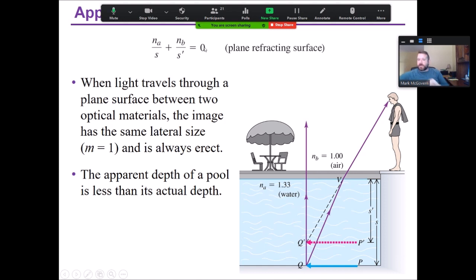And then when you solve for S prime, as you can see here, you're going to end up with this nice ratio of NB over NA.